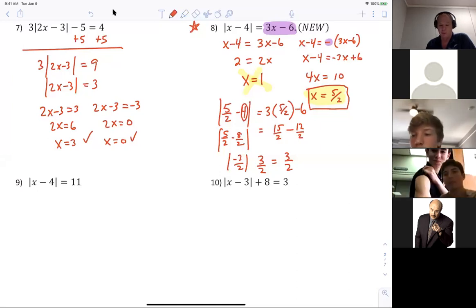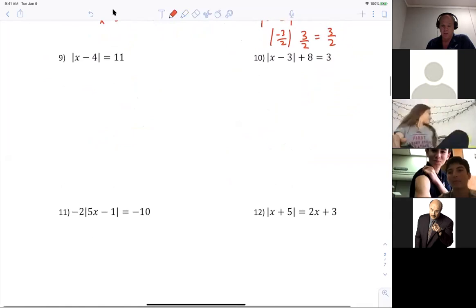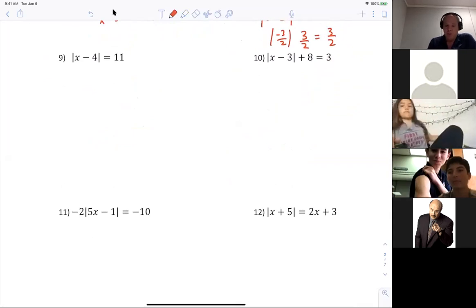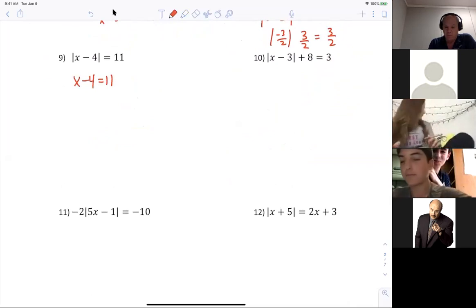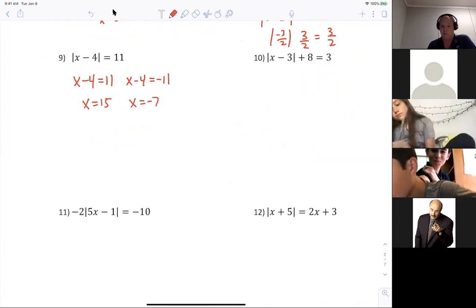Does anybody have any questions? Now I'm just going to continue going down doing the odds. So number 9, we just write x minus 4 equals 11, and then we write x minus 4 equals negative 11. You add 4, x equals 15, and x equals negative 7.